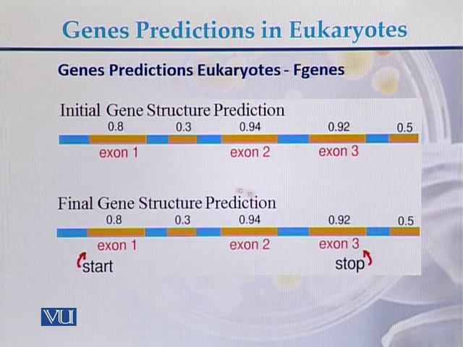So as an initial prediction, this was actually exon 1, exon 2, and exon 3 of the gene. So in the final gene structure prediction, this is exon 1. These are the wrongly identified exons because the scores were 0.3 and 0.5. So FGENES is another tool which is used for gene prediction in eukaryotes, based on a scoring system.